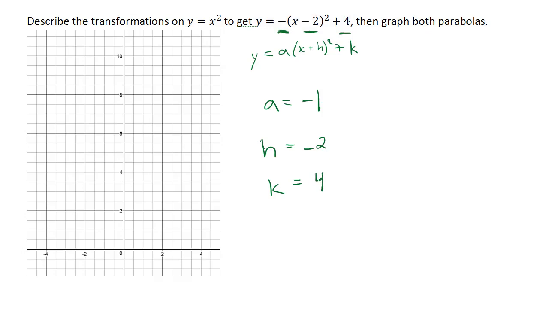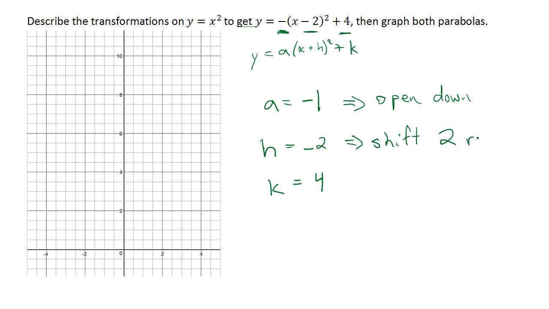Now, what 3 things are happening here? Well, when a is -1, we know that our parabola is going to open down. When h is -2, our parabola is shifting left or right, because that's what h is controlling. So if our parabola is shifting left or right, remember if h is negative, you would think it would go left, but it actually goes to the right.